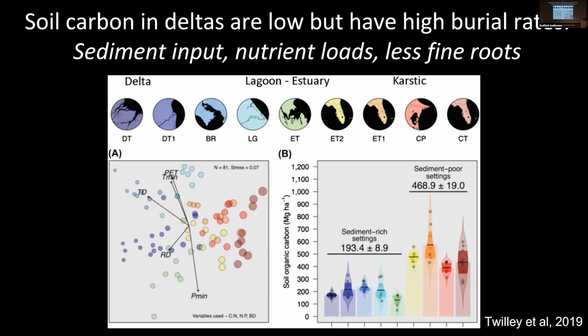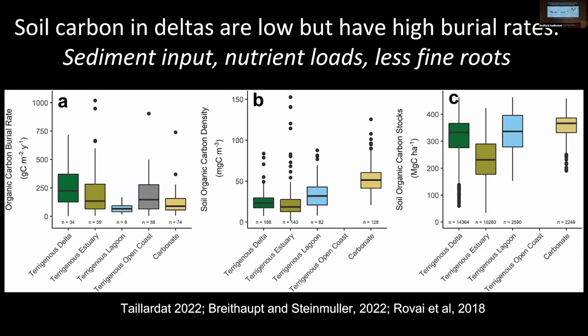So the soil carbon density in deltas is relatively low, but when we start to look at the burial rates, and we mentioned that earlier, how much is actually being buried in these delta systems, if you look all the way to the left, the delta systems are actually accumulating a lot more and faster because of the rapid rates of deposition.